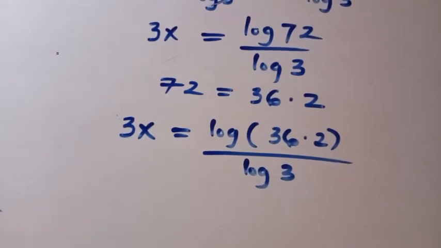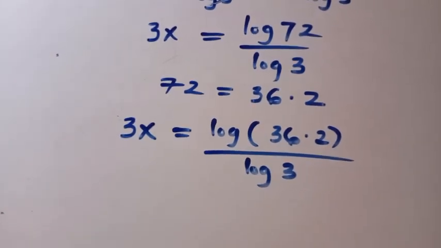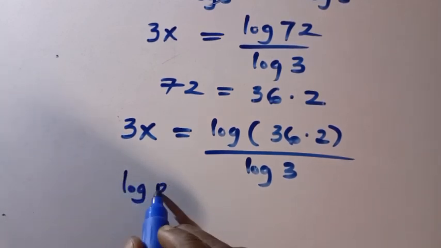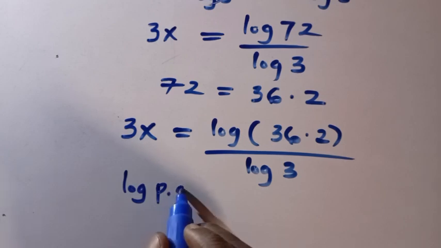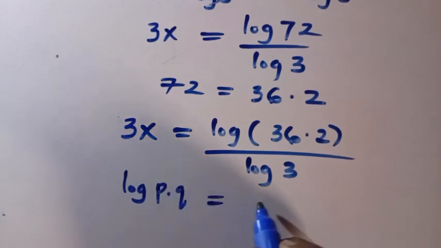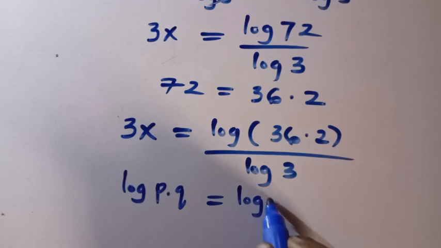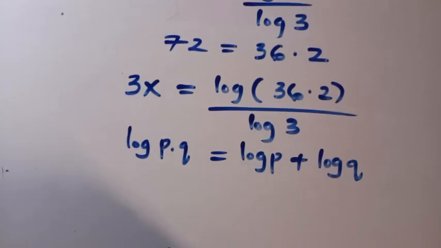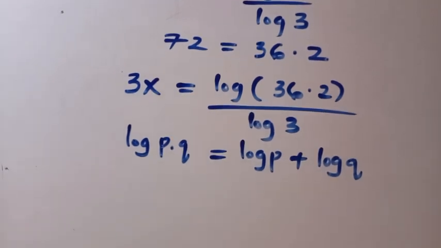And from here, we can see that we have log (36 multiplied by 2). So suppose we have log (p multiplied by q), this equals log p plus log q. So let's replace it.